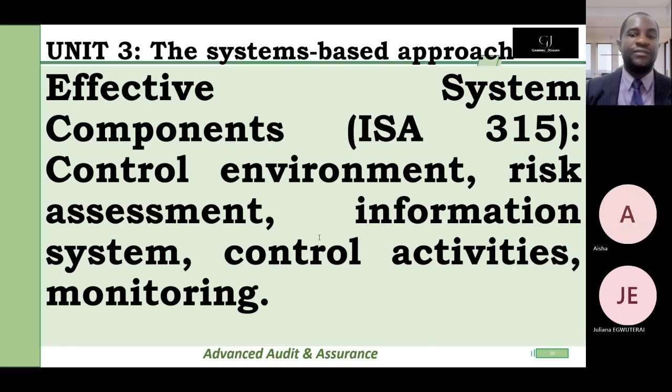So no single individual controls all aspects of a transaction. That would be fraudulent, it will lead to fraud. So you have segregation of duties. If you make, you cannot check. So if you make, maybe for example, a purchase order, another person should verify it and a different person should approve. So those are control activities that help an organization stay in check, and those are good internal controls.